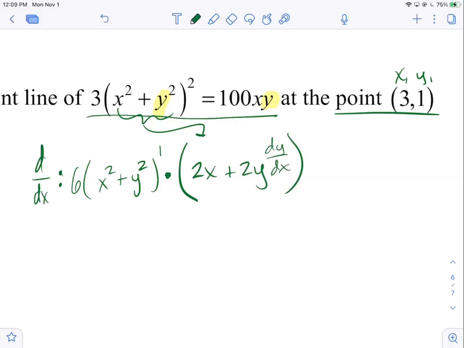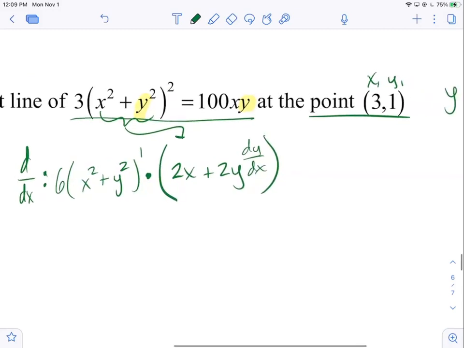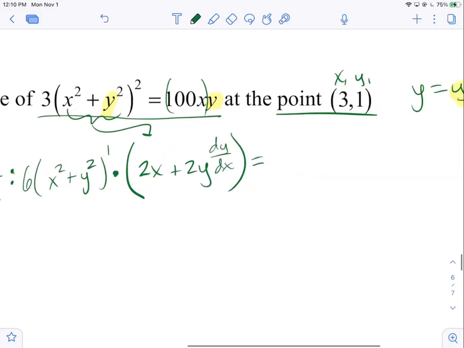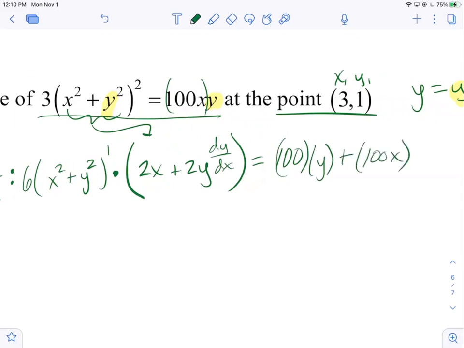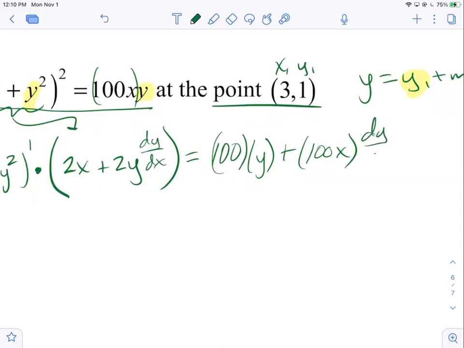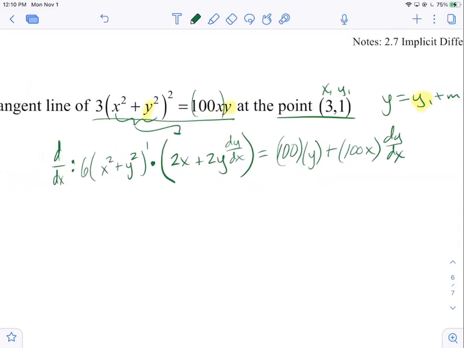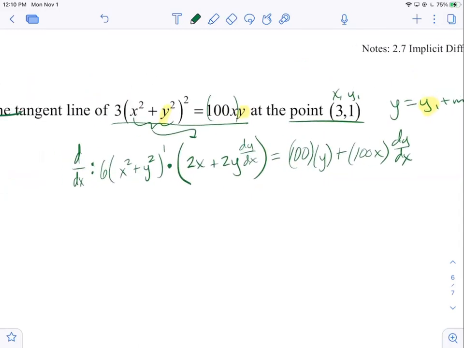That takes care of the left side. And now the right side is a product rule. I can say that the 100 is part of the x and think of it as 2 factors instead of 3. So the derivative of 100x with respect to x is just 100. y goes along for the ride, plus 100x goes along for the ride times the derivative of y with respect to x. There's the derivative. That's the calculus.